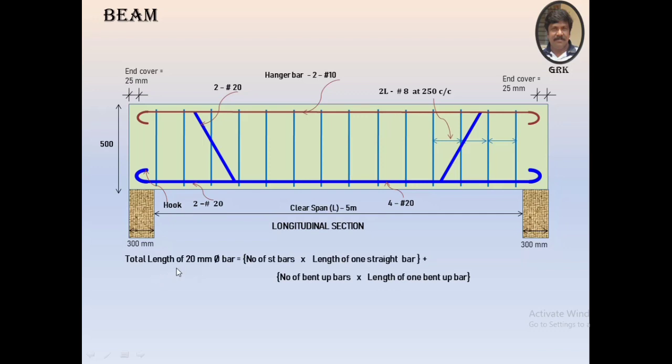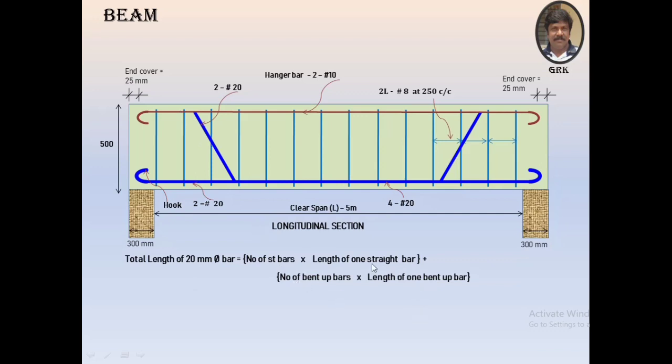Now the length of one straight bar we are going to calculate because it is of 20 mm diameter. So it is the number of bars into length of one straight bar plus number of bent up bars into length of one bent up bar. Totally we had 4 bars in the center. As you go towards the support, 2 bars have been extended to the support and 2 bars have been bent up.